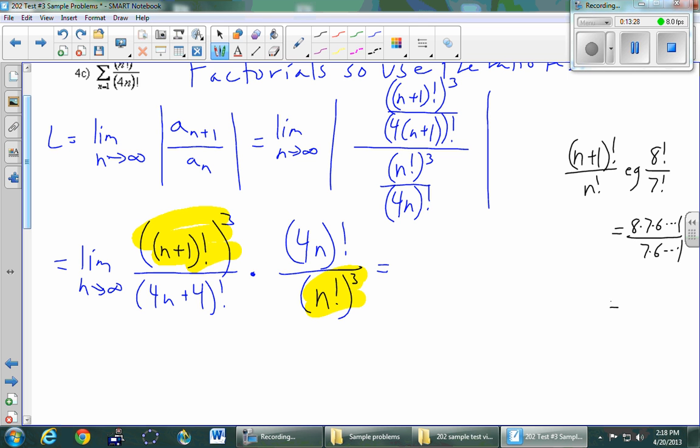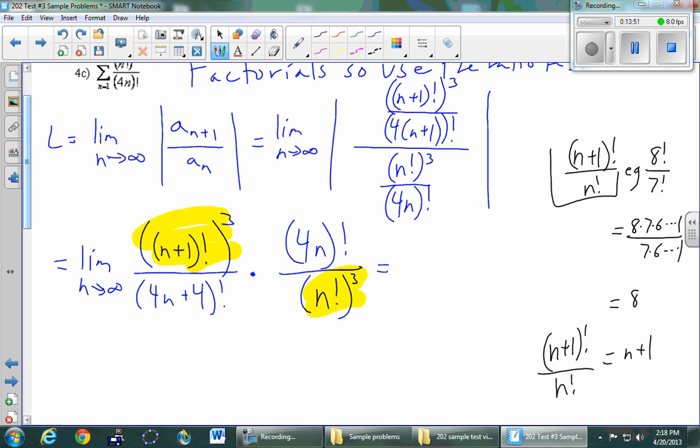And so everything cancels except for the 8. And so can we bring that back to this guy, n plus 1 factorial over n factorial? Everything cancels except for a single n plus 1. So n plus 1 factorial divided by n factorial is just n plus 1. It's like the 8 that was upstairs.